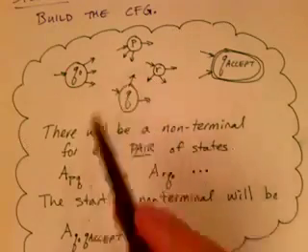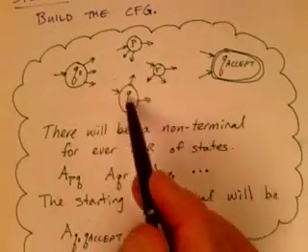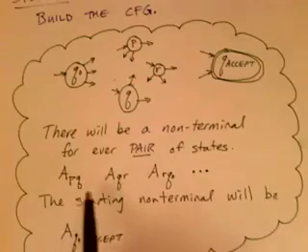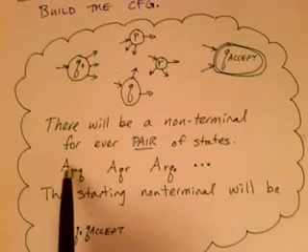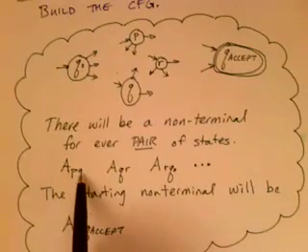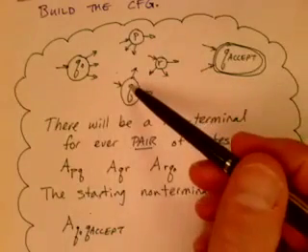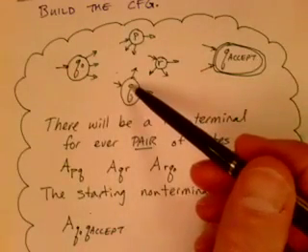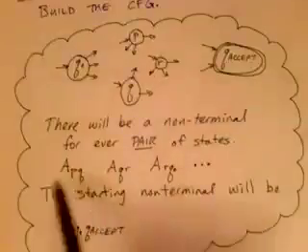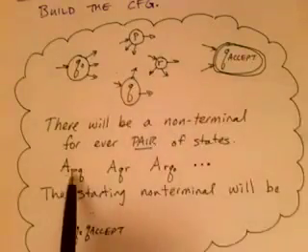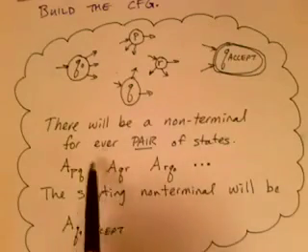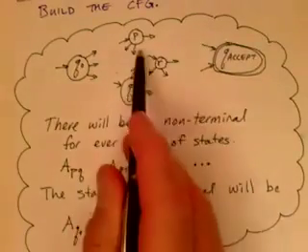So for example, for P and Q, we'll generate a non-terminal, and we're going to call it APQ. We'll also create a non-terminal for QP. I don't show that, and I probably should, but in addition to APQ, we'll have a non-terminal called AQP.